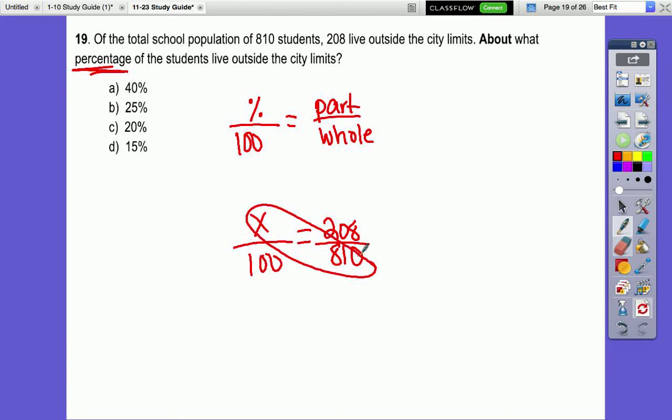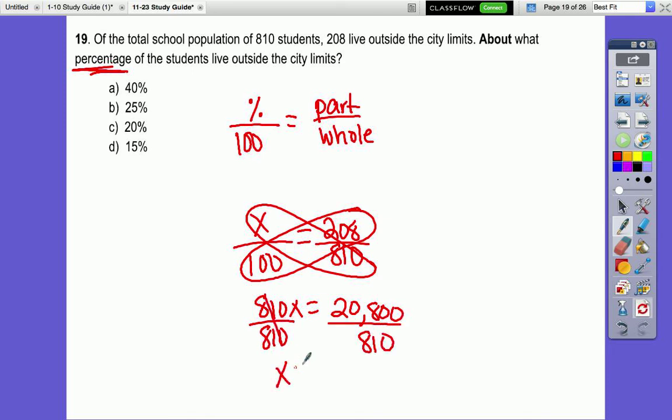So cross multiply, that will give you 810X. Cross multiply here, which we have 208 times 100. Make sure we get the right number of zeros. That's going to be 20,800. This is now a one-step equation, and we're going to divide both sides by 810.